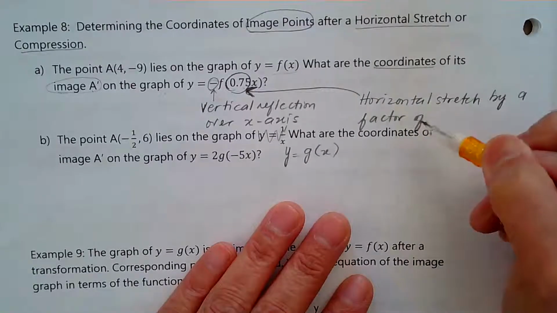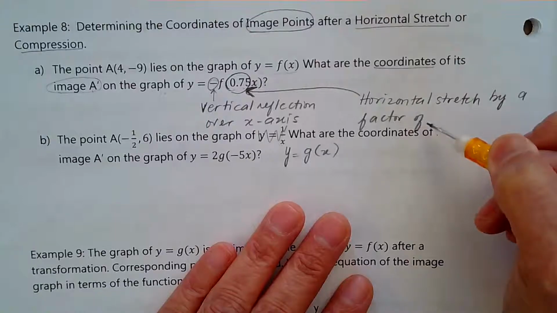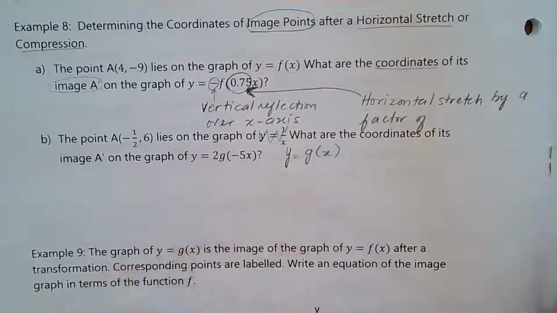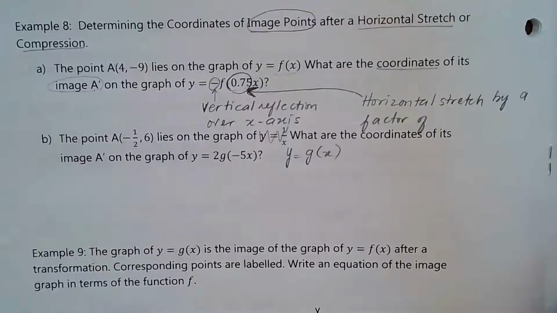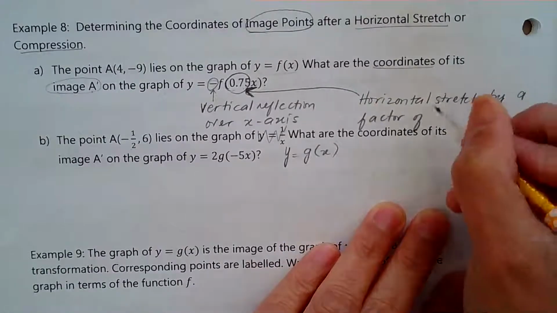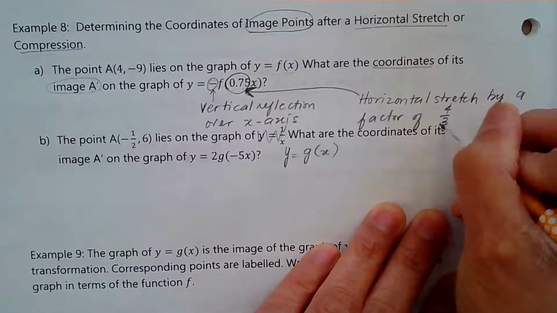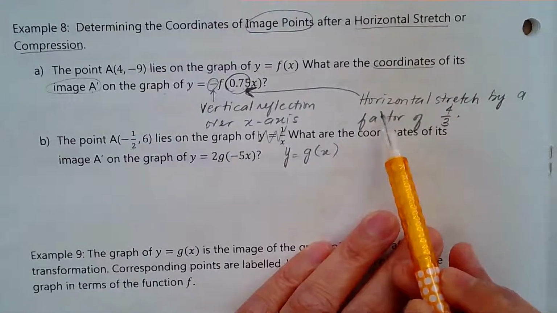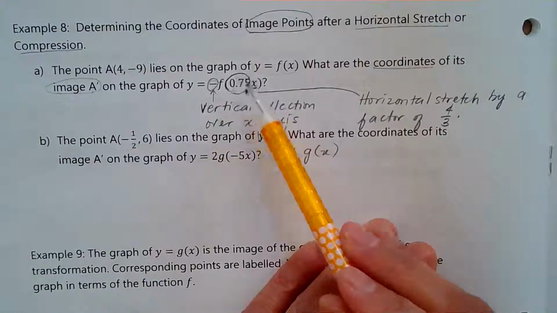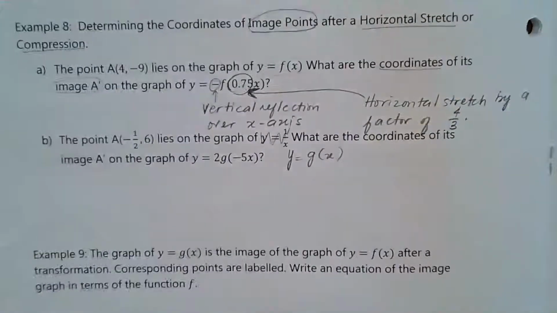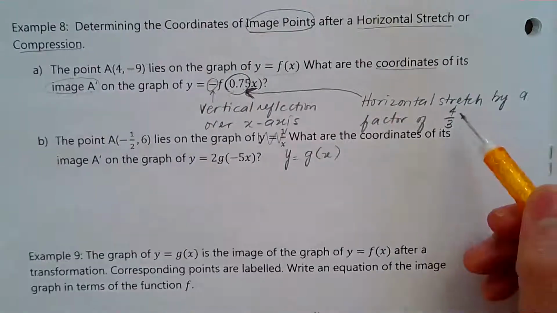So 0.75 is what? 3/4, right? But remember, it's going to be 1 over b. So 4/3. Okay, let's figure that out again. This is going to be a horizontal stretch, stretching horizontally by a factor of how much? 4/3.